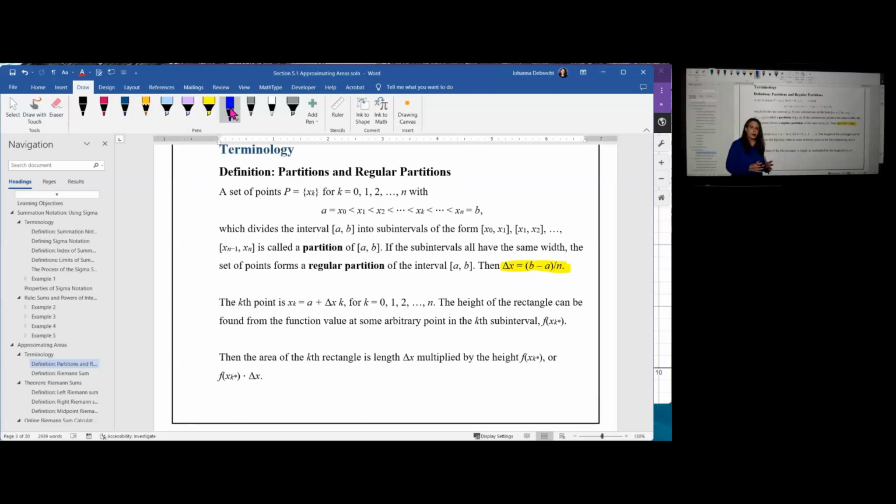The set of points for k equal 0 to n becomes a equal to x naught. And again, we often say "not," but it's not a NOT or a KNOT. This is actually x naught, which actually represents 0.